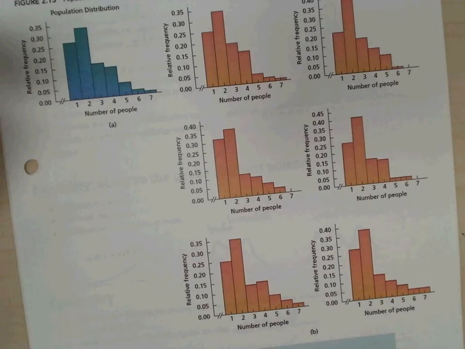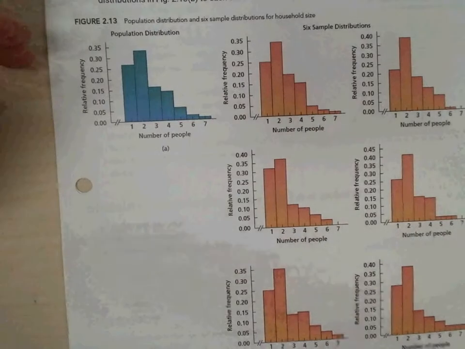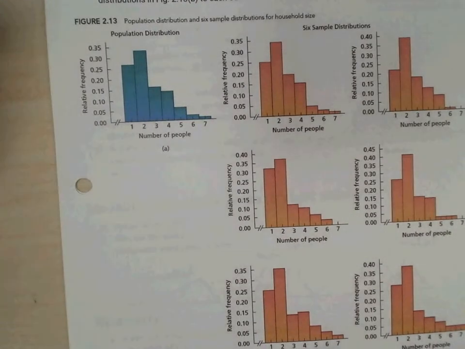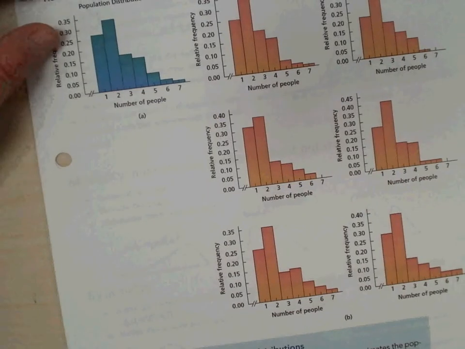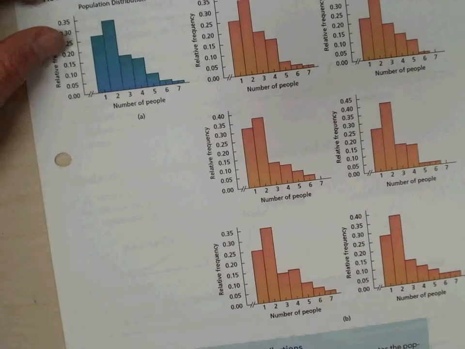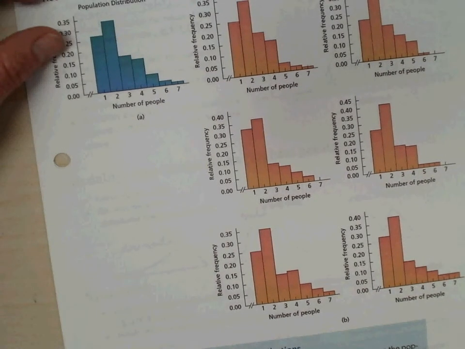All right, raise your hand if you can tell me something that you've noticed, a similarity or a difference. Sydney? They're all right skewed. Good observation. Just like we said previously about the population distribution, they are all right skewed. Max? 2 is always the peak, the mode, good. Kylie?